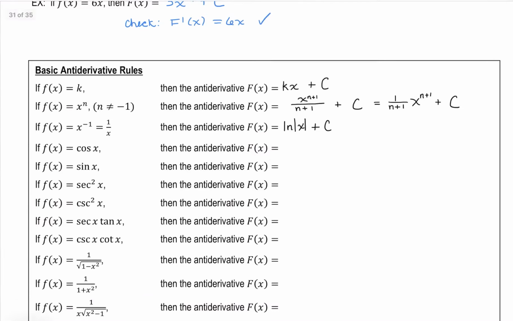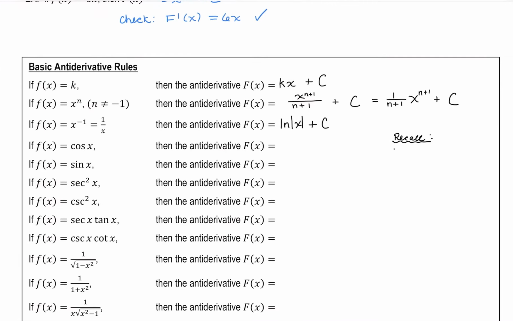Okay, so let's keep this going. Here's what you know about trig functions. Let's write this off to the side here. Let's recall from the first part of the course, you know the derivatives of the 6 trig functions. So sine, cosine, tangent, cotangent, secant, and cosecant.